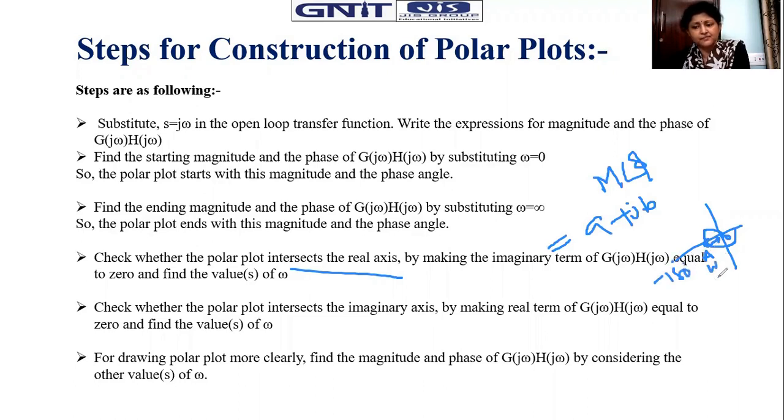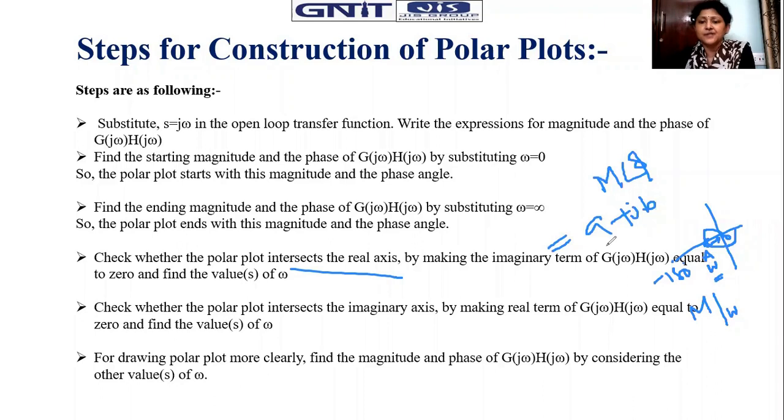That means you have to find the particular frequency, and then put that value in and find the magnitude at that particular frequency. Then you can get the intercept, because this length is nothing but the magnitude of the vector at that frequency. So that is one way.